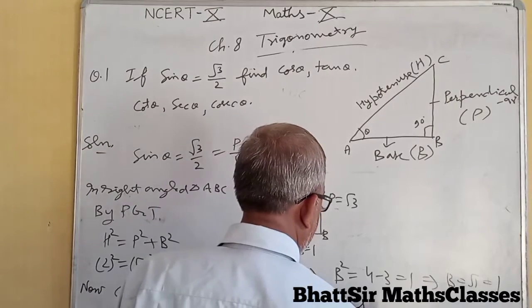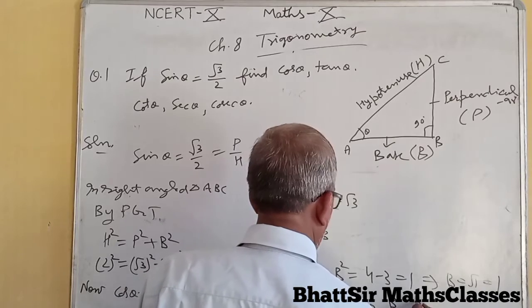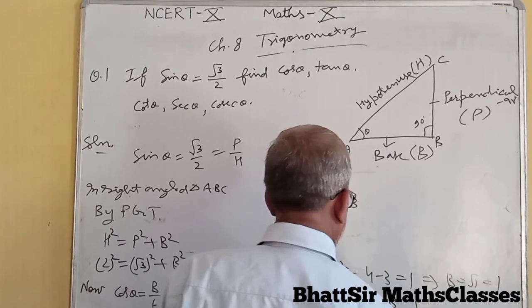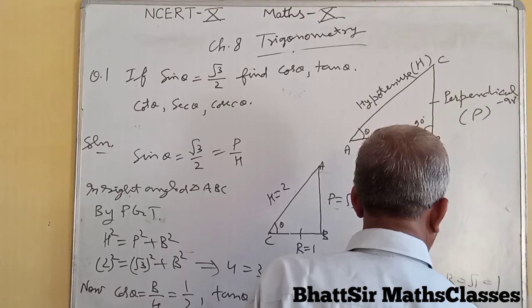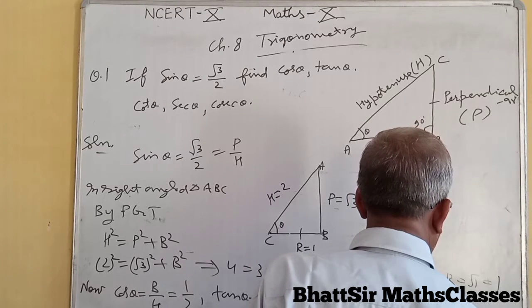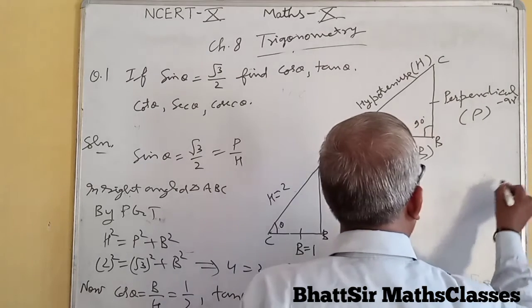Cot theta is base over perpendicular, 1 upon under root 3. Sec theta is hypotenuse over base, 2 upon 1 equal to 2.